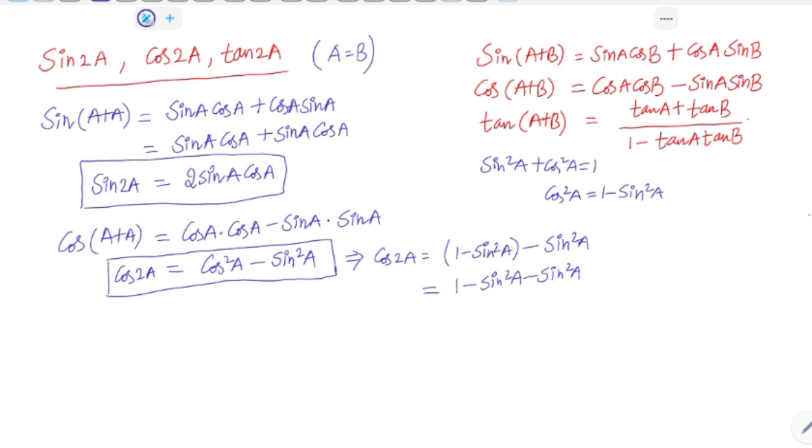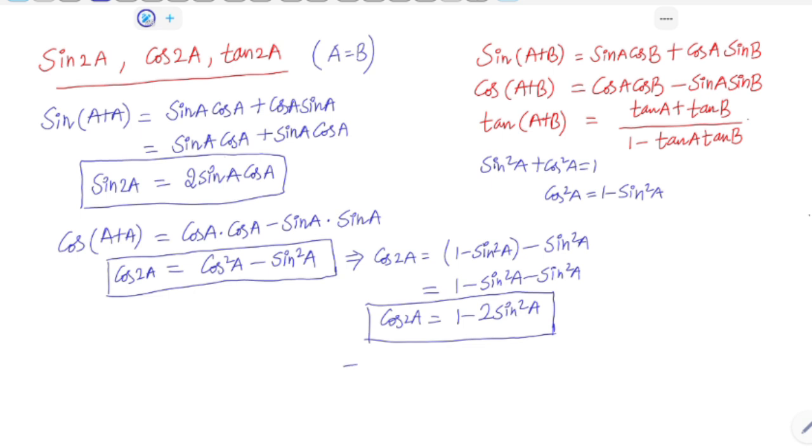Therefore, it is 1 minus 2 sin square a. This is the formula for cos 2a. Another formula. So already we know cos square a minus sin square a, and this is another formula in terms of sine. Now let me modify this formula further to get the answer in terms of cos.